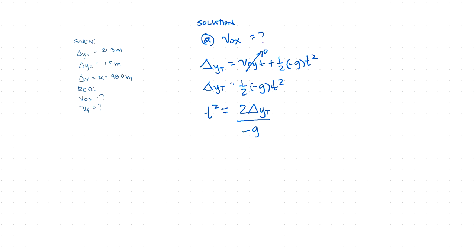So, para makuha natin yung time, kunin natin yung square root on both sides. Time is equals to the square root of twice the displacement on the y component, total displacement, over negative g.